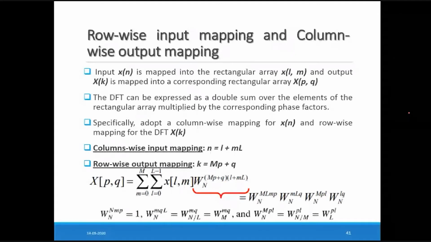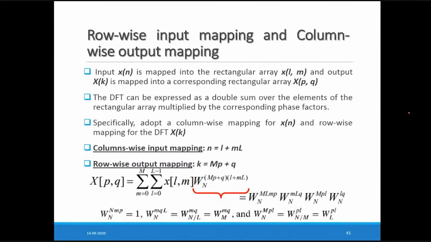Similarly, our output is mapped with p and q. The DFT can be expressed as a double sum over the elements of the rectangular array multiplied by the corresponding phase vectors. So specifically, adopt a column-wise mapping for x of n and row-wise mapping for the DFT.